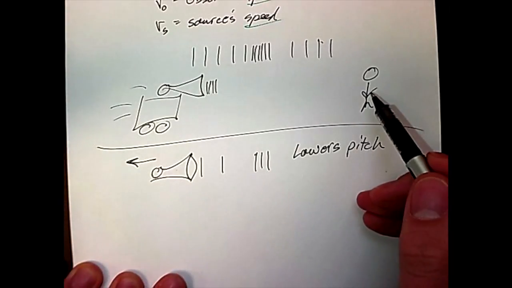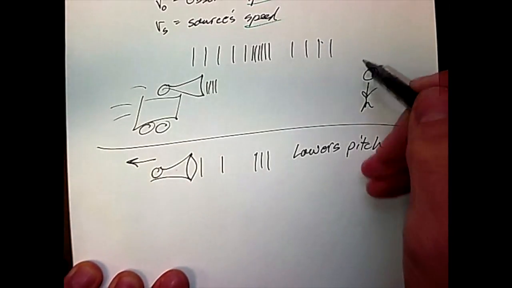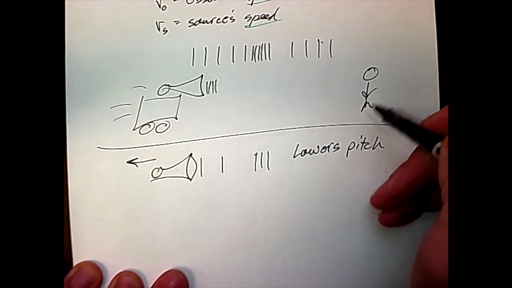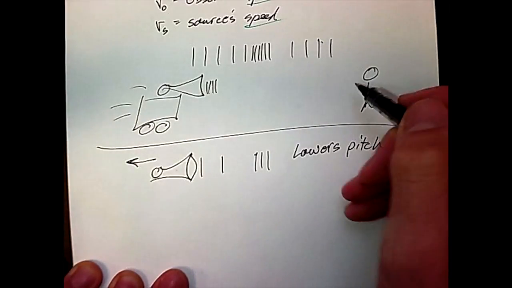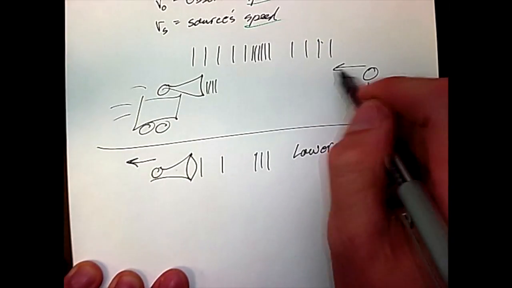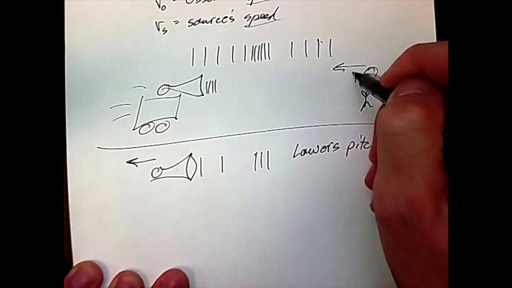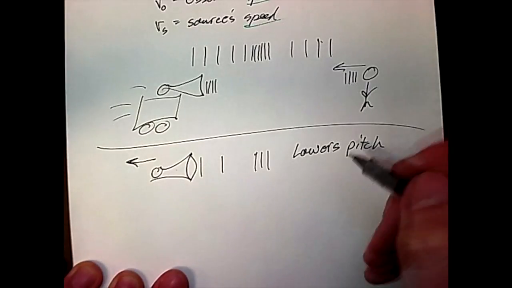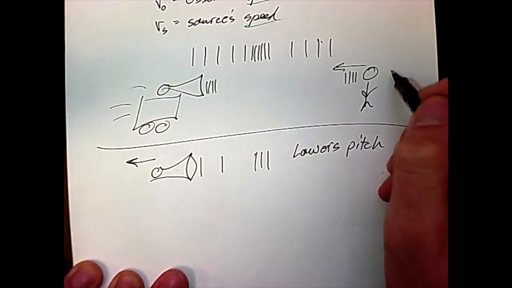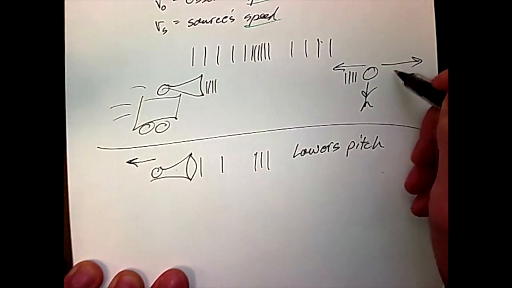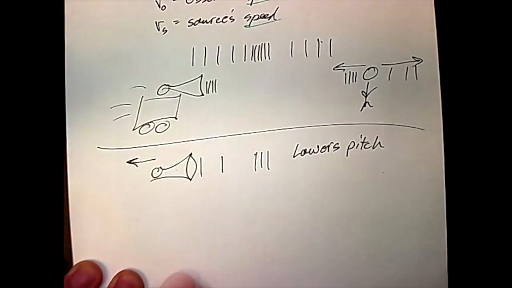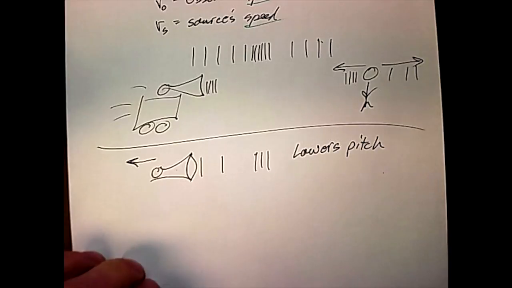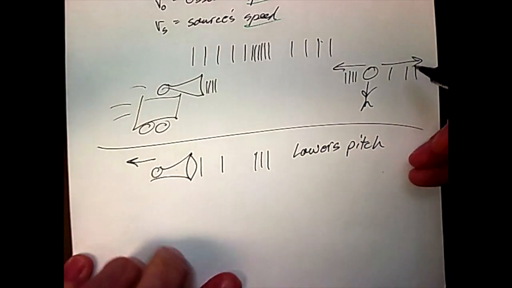But if the observer is moving, then the air is again being changed near the observer. And so if the observer were to move towards the source of the sound, that would cause the air in front of them to pile up, which ultimately causes the frequency to increase. And if the observer were moving away, then this would do the same kind of effect as your source, which pulls the air apart, causing a decompression or a rarefaction, which lowers the frequency.